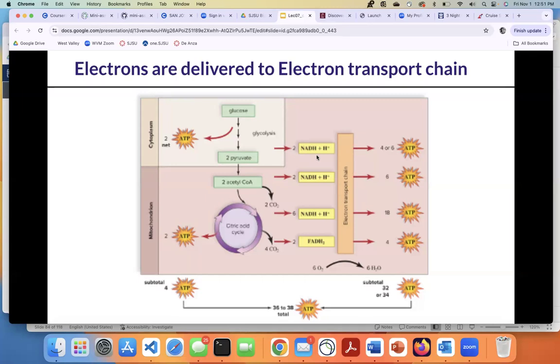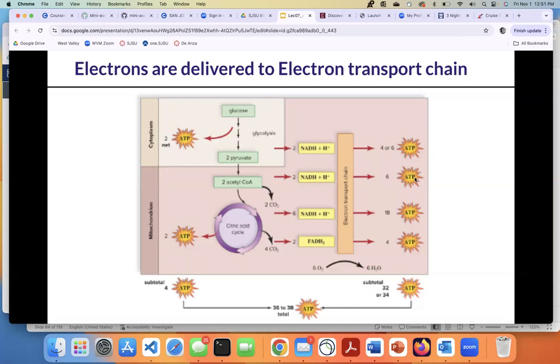And the FADH isn't as rich of a molecule as NADH in that it doesn't carry as much energy for the electron. So you can see that NADH can sometimes make up to 6 ATP. In an ideal situation, you end up with 38 ATP.